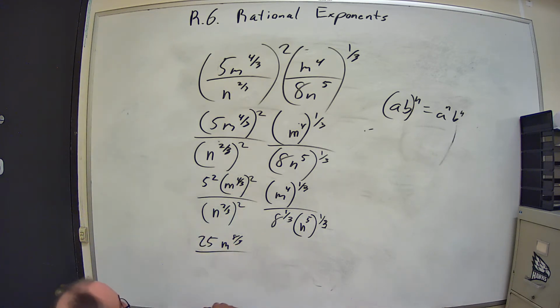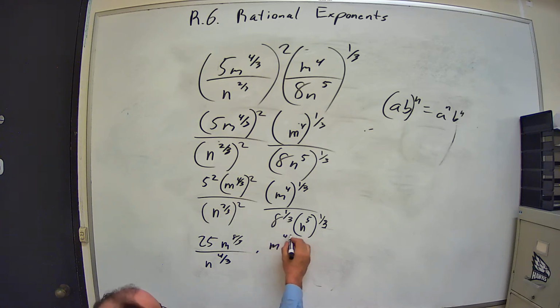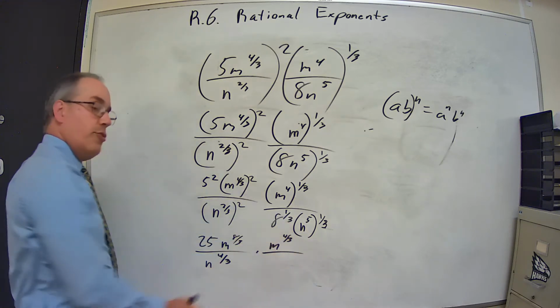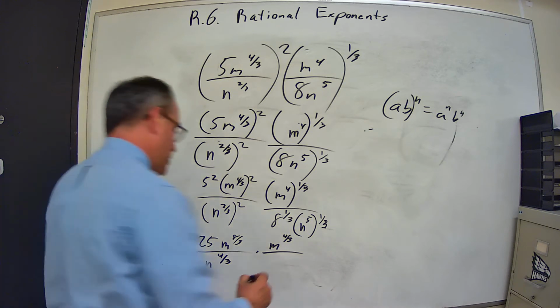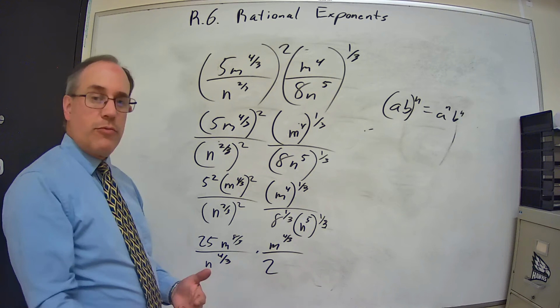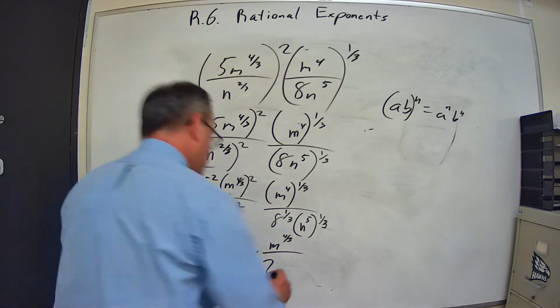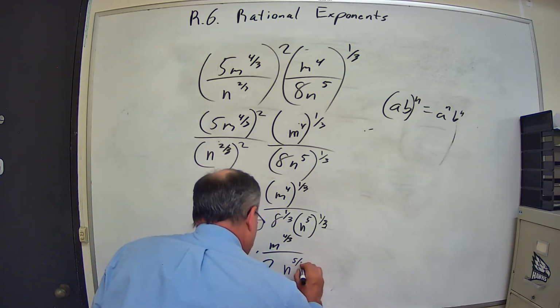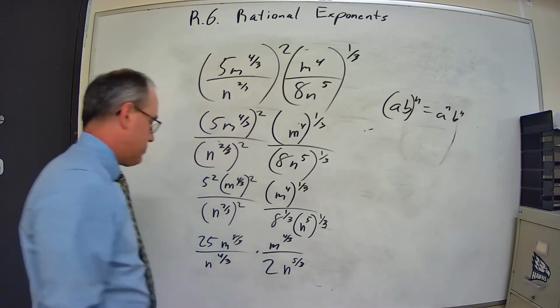We have n to the 2/3 raised to the 2, so we multiply the powers. n to the 4/3. m to the 4th to the 1/3, that's m to the 4/3. And then 8 to the 1/3, that's the cubed root of 8, which is 2. n to the 5th to the 1/3, 5 times 1/3 is 5/3. So n to the 5/3.